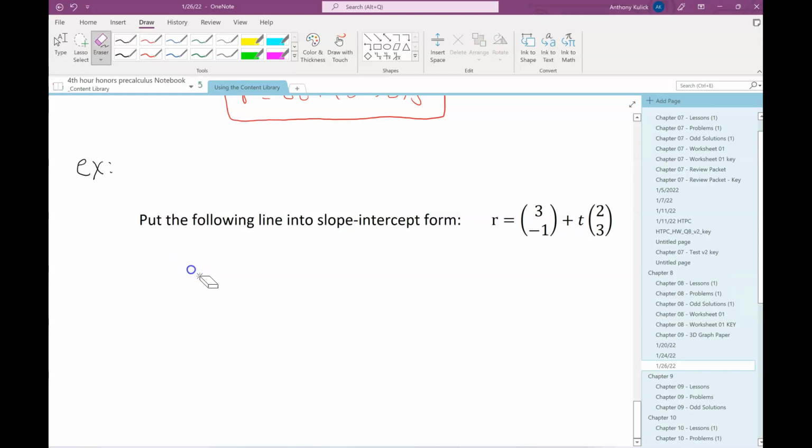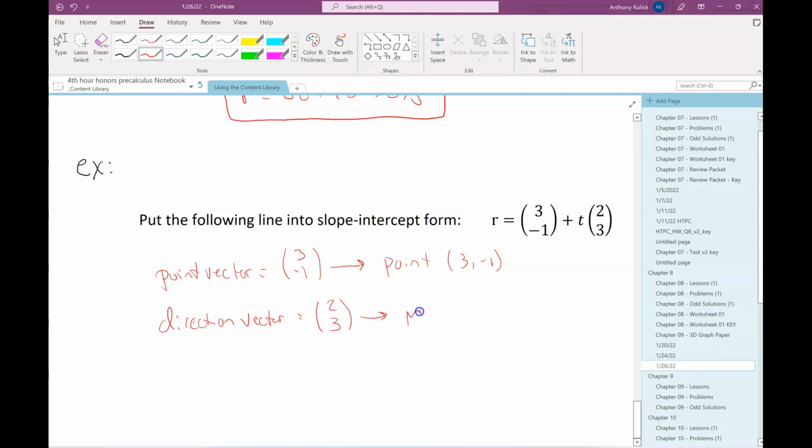So your point vector will just turn into the point 3, -1. Our direction vector, 2, 3, turns into the slope, 3/2.